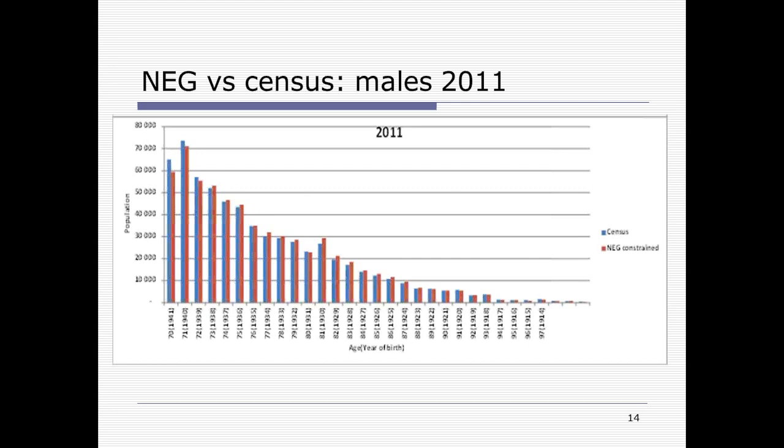This shows for males the census in blue, census count numbers by individual ages, and you can see this definite digit preference. It happens to be year of birth digit preference, so 71, 81, 91, etc. are preferred because of the rounding of the birth data.